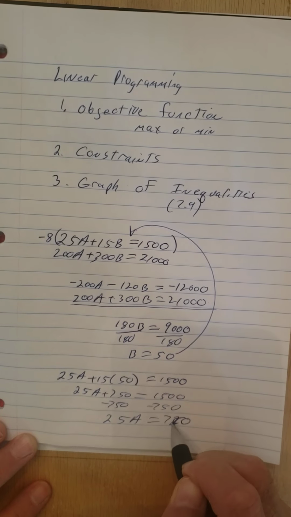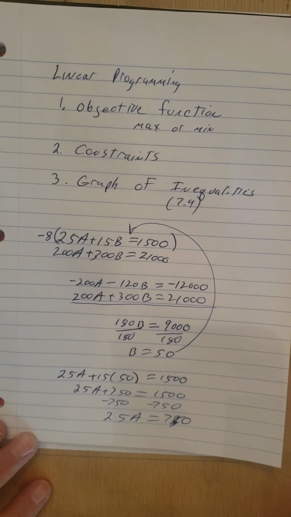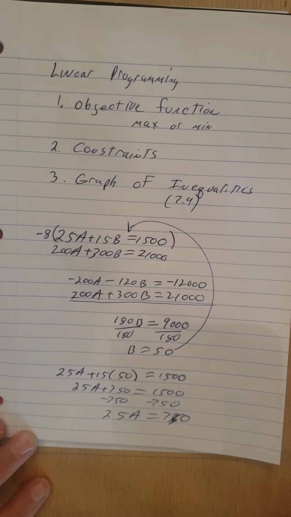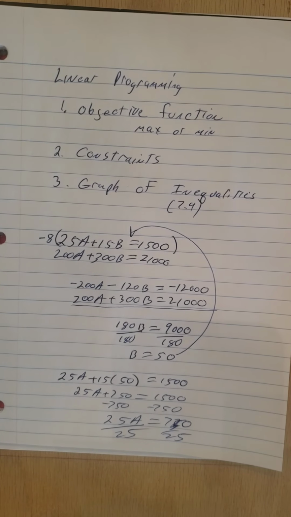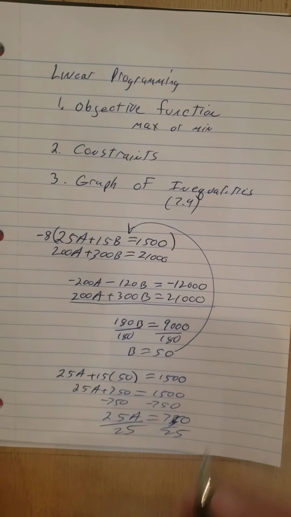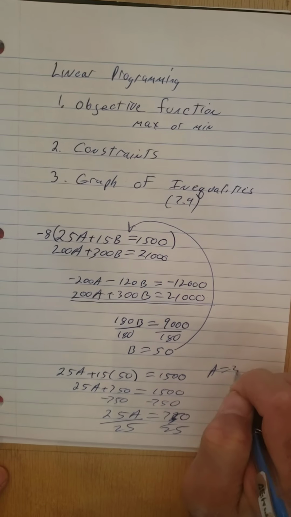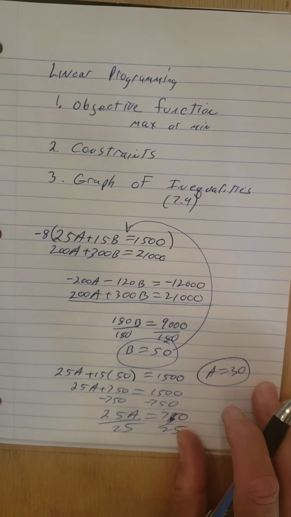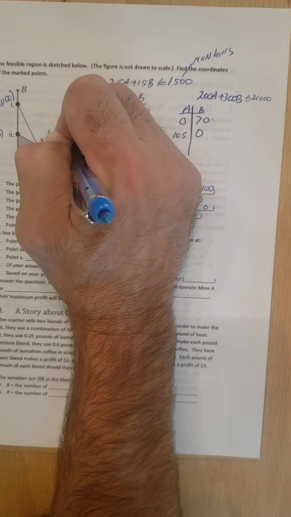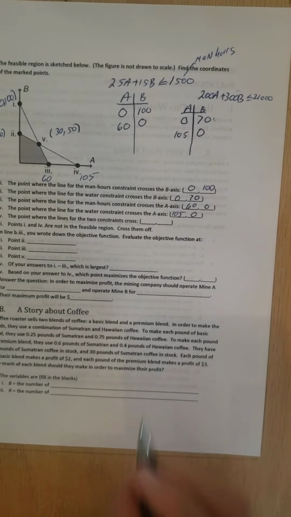This linear programming is everything we've been doing in Chapter 7. Divide by 25. So 750 divided by 25 is 30. So A is 30, B is 50. So that's the point where they cross. This point, A is 30, and B is 50.